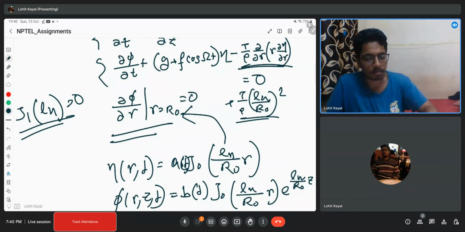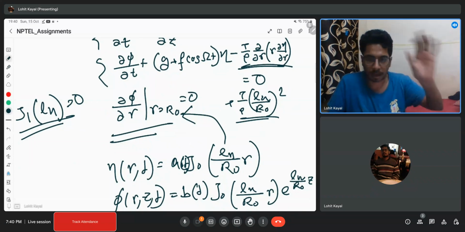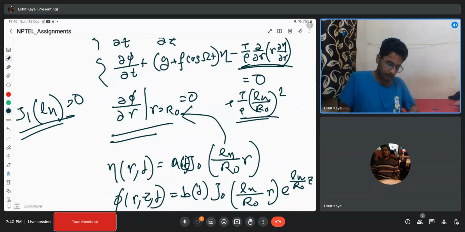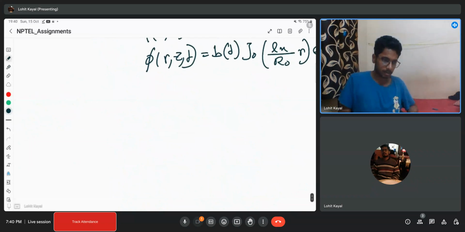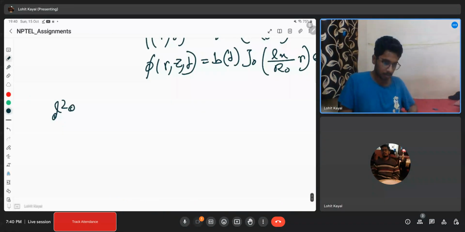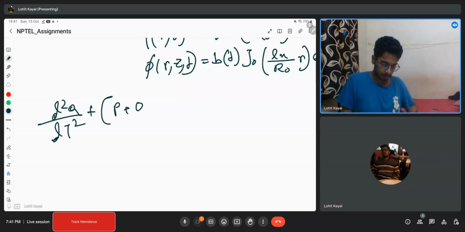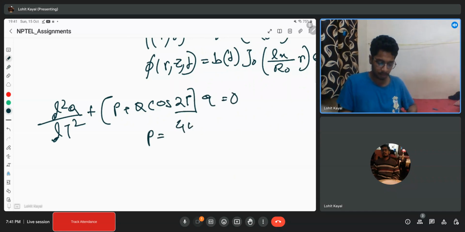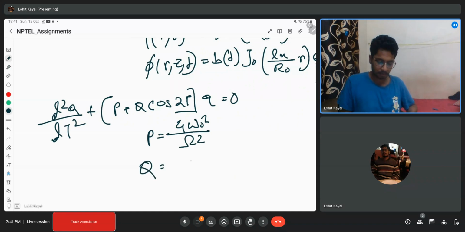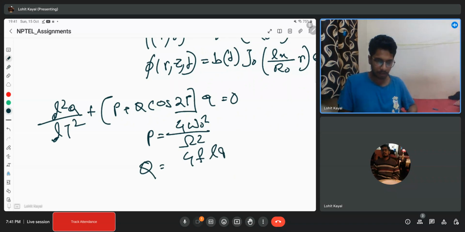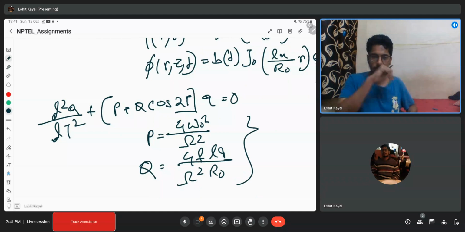So if you do the substitution, you will find that you are again getting this expression: d square a by dt square plus (p plus q cos 2t) a equal to 0, but p equal to 4 omega 0 square by omega square and q is equal to 4 f l cube by omega square. Just similar to the Cartesian geometry.